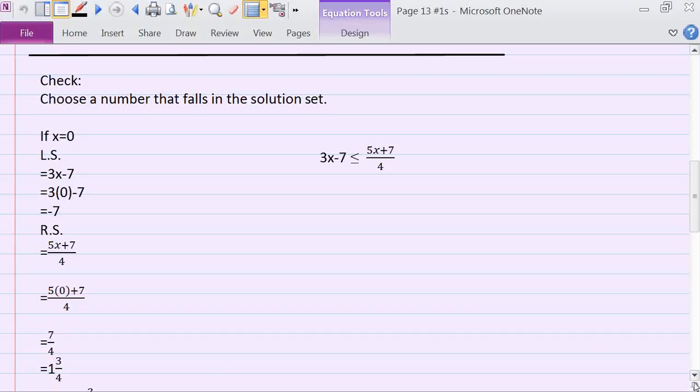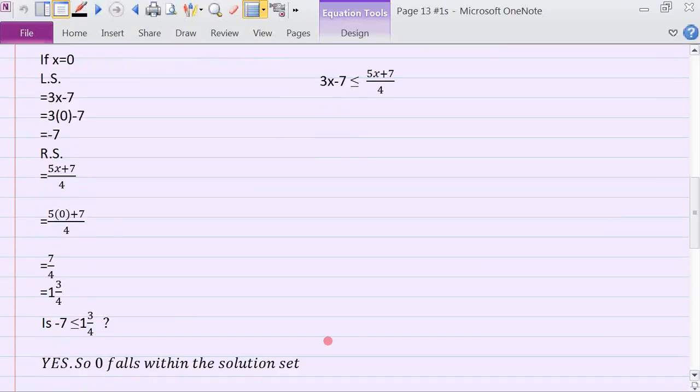Now, I'm going to change this into something that maybe is a little better to understand. I'm going to divide the 4 into the 7, so I get 1 3/4. This makes it easier to compare the two numbers that we got from the left side to the right side.